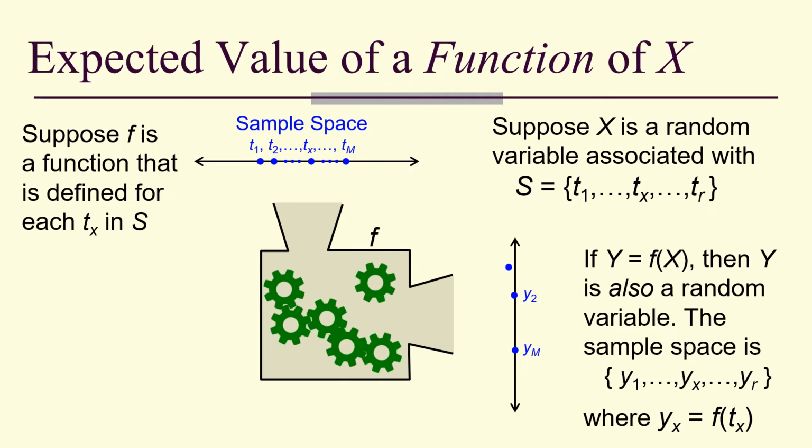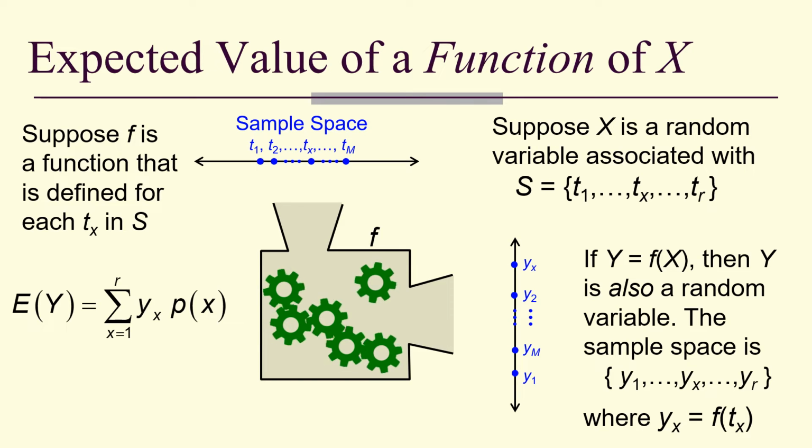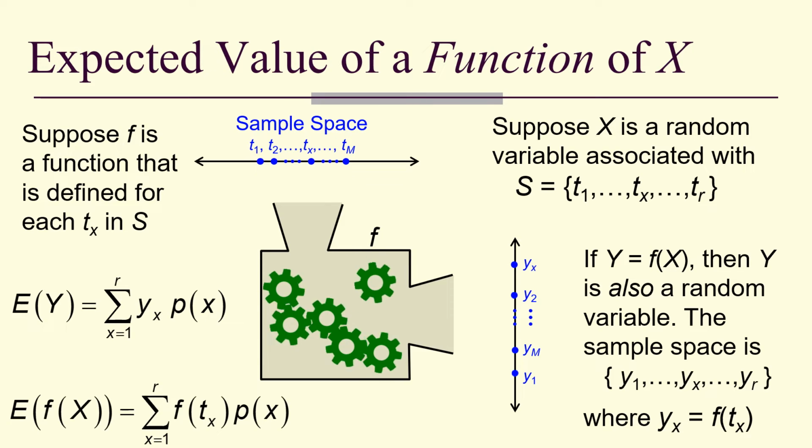So we denote it y1 to yr, where y sub k is equal to f of t_k. The expected value of y would be the sum k equals 1 to r of y_k p_k. The expected value of f of x, therefore, is the sum k equals 1 to r of f of t_k times p_k.